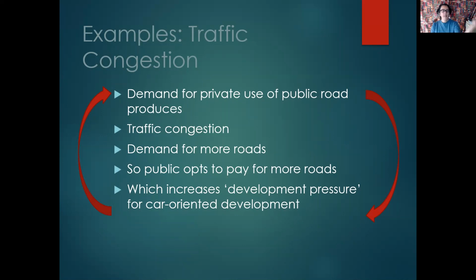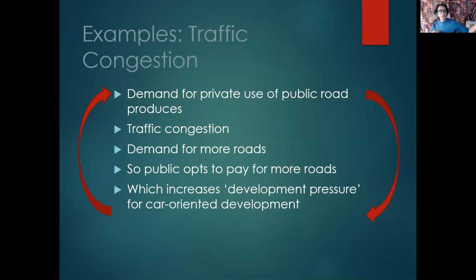So then the government opts to build a bigger road or expand it by a lane or something like this, because that will solve this traffic congestion problem in this one place, which reduces the travel time and increases the likelihood that people are going to be able to locate even farther out.